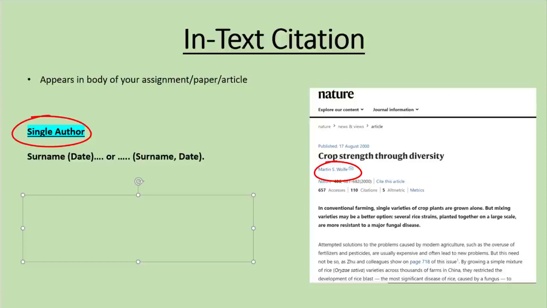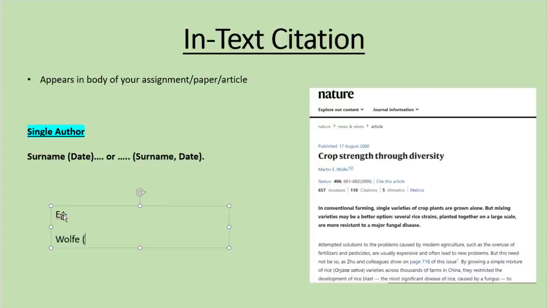So let's do some example. So this is an example. So in this case, how we can cite is Wolfe 2000. Wolfe is a surname. Wolfe 2000 wrote about crop strength.